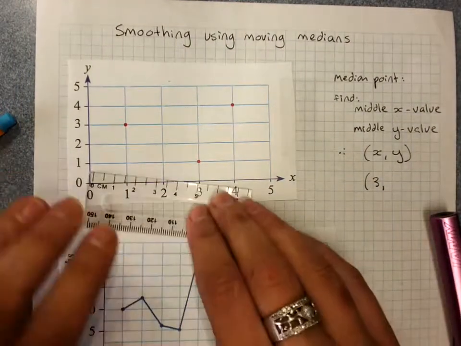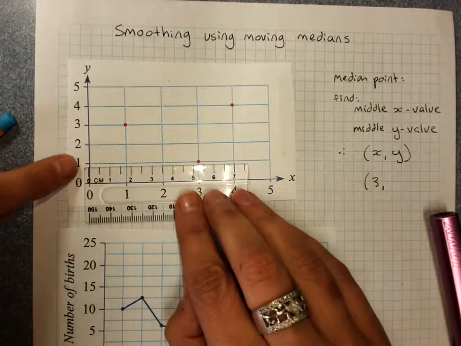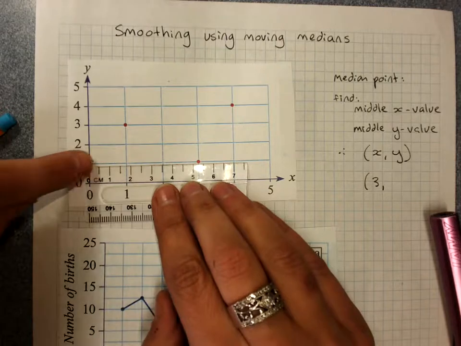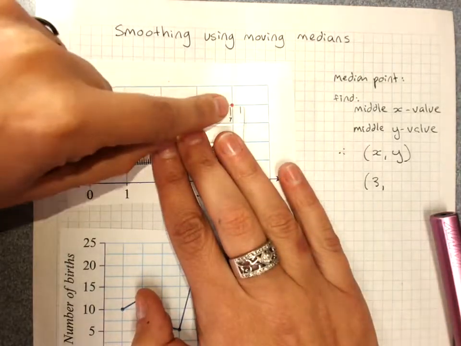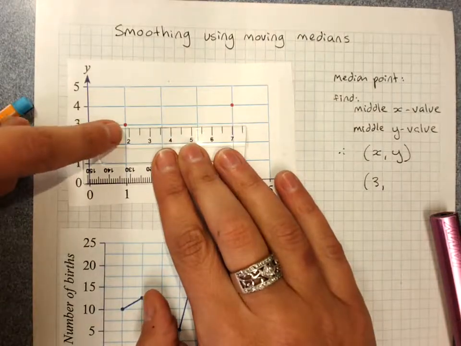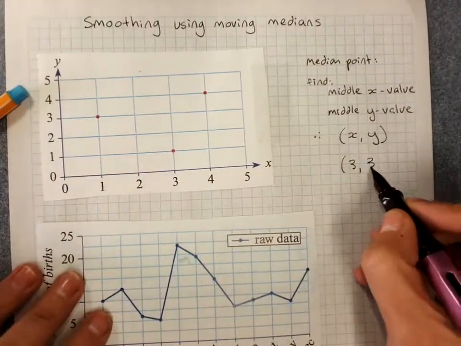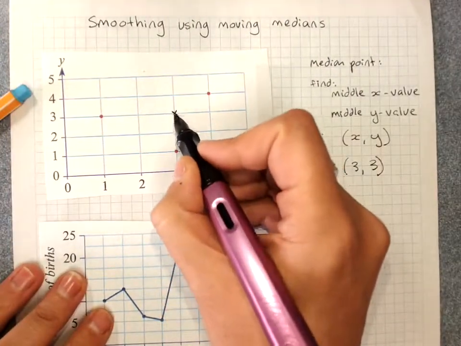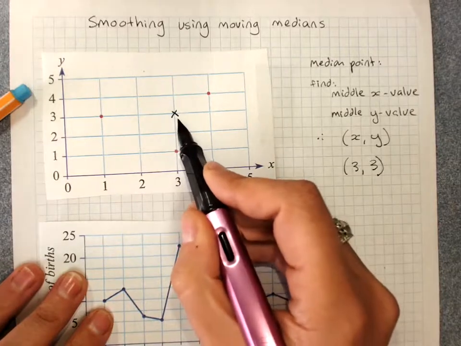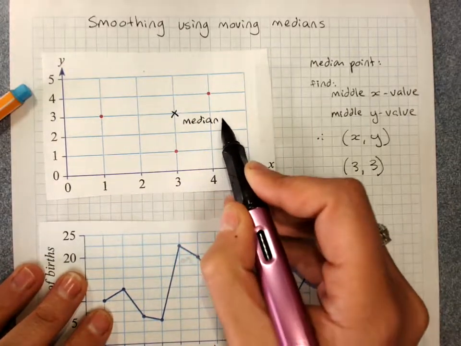Then for the y value, we're going up to find the middle y value. I've got 1, 3, 4. The middle value is 3. So the middle x and y values tell me that the median point is at 3, 3.